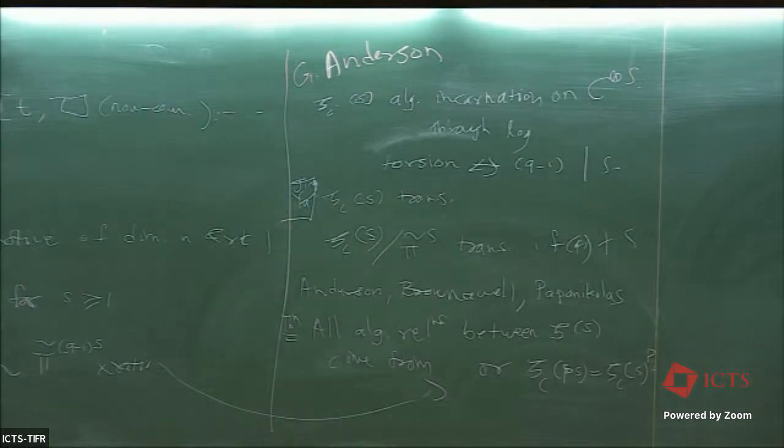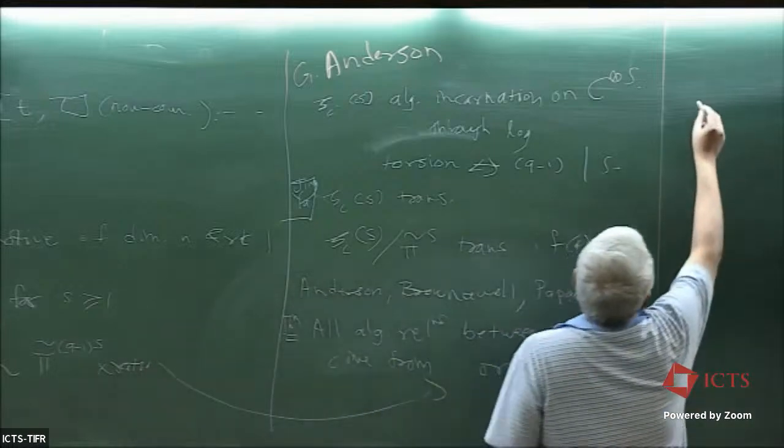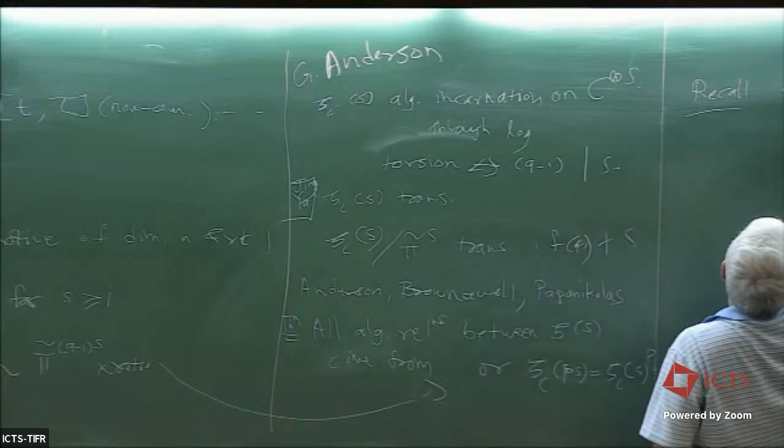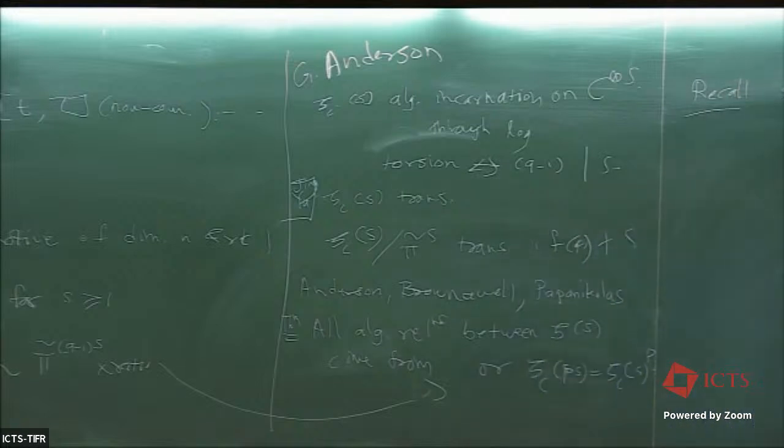So let's see. So I will first define the multi-zeta value. Okay. So let's recall the classical case, zeta S1. So I will have, maybe I will use the reverse normalization.